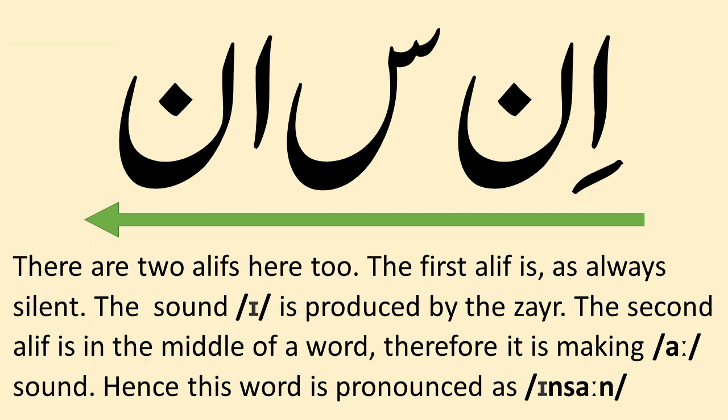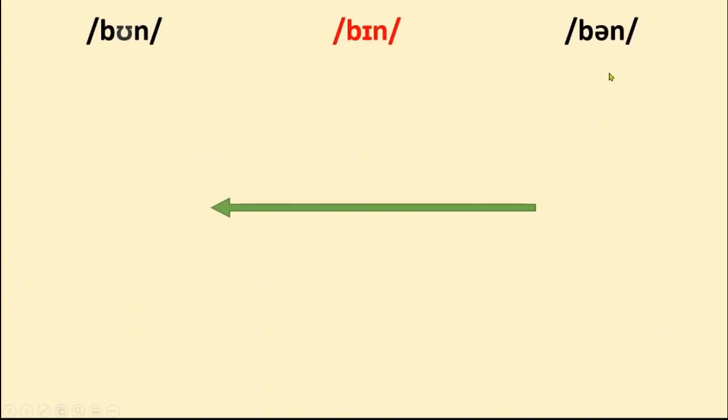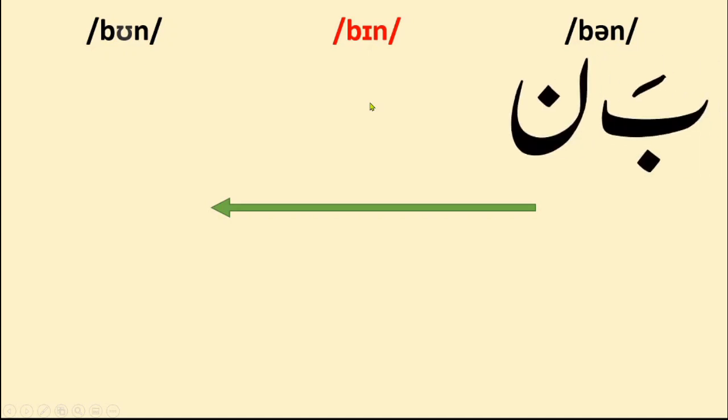Okay, let me explain it further. Now look at these words. Ban, bin, and bun. Let's see if we can write them in Urdu now, because we have learned all these three sounds. You write ban, you write b, a, n.